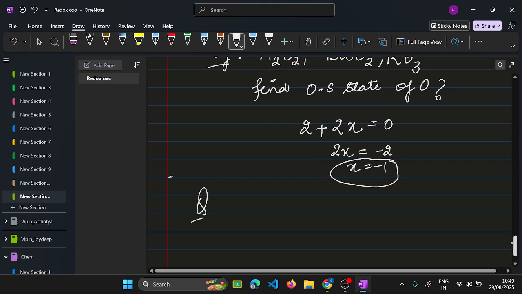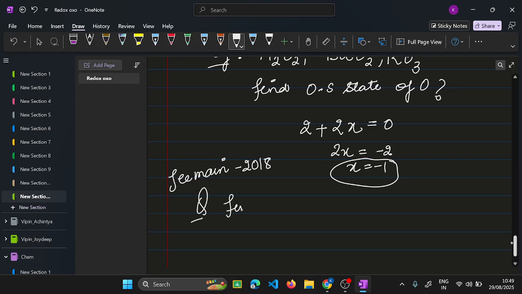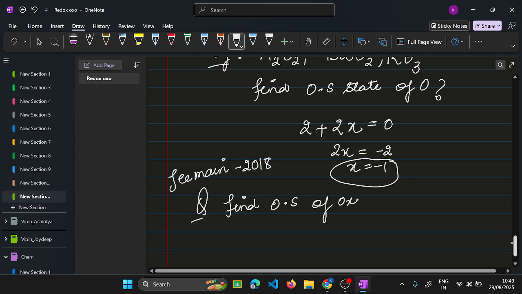Now let's solve one JEE Main example. Find the oxidation state of oxygen in OF2 and O2F2.